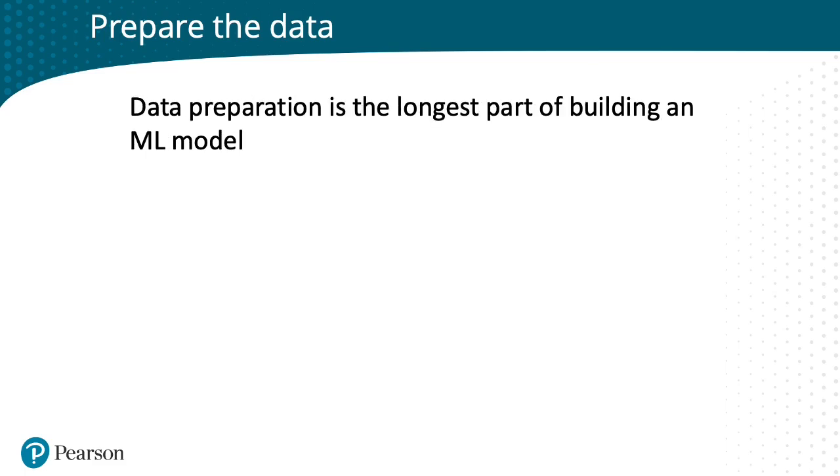Keep in mind that data preparation is probably the longest part of building an ML model, because this is where you really have to go through and do a lot of that statistical work to get the data in the format that works best for the resources you have available and for the models that you're thinking about experimenting with. It takes a while to get the labels correct.